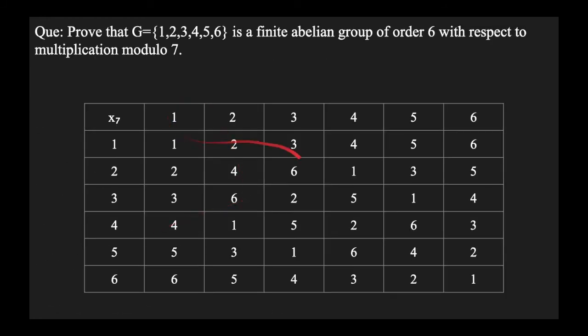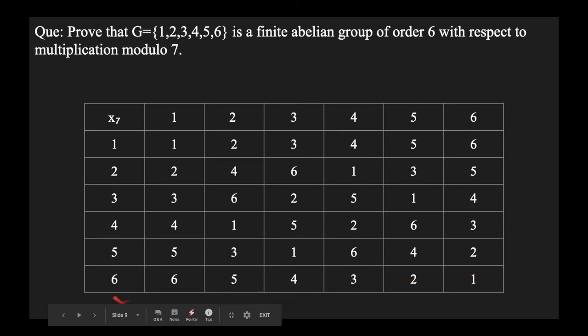Here whenever the entry is 1, so the inverse of 1 is 1. Here the identity element is 1, so the inverse of 2 is 4. Here 1, so the inverse of 3 is 5. Here 4, so here 1 is there, so the inverse of 4 is 2. Now here 1, so the inverse of 5 is 3.